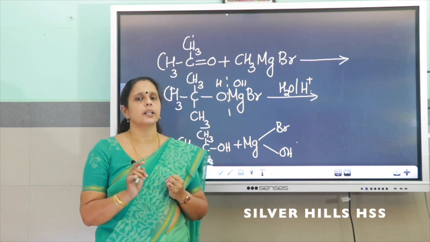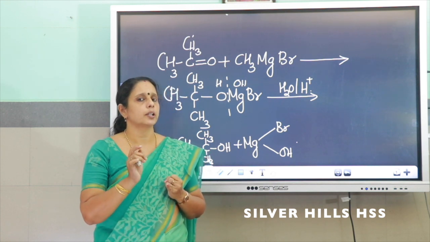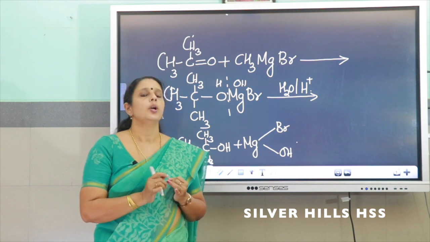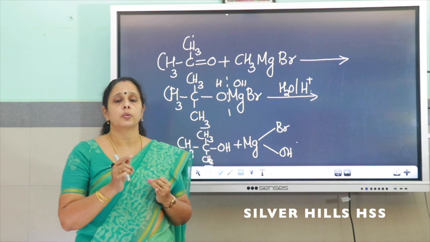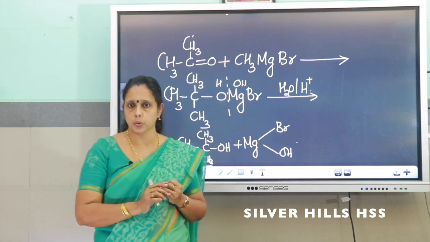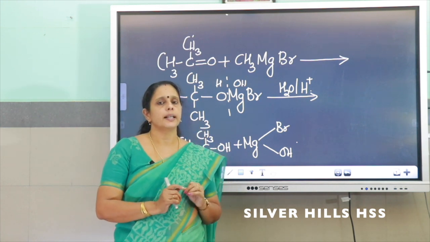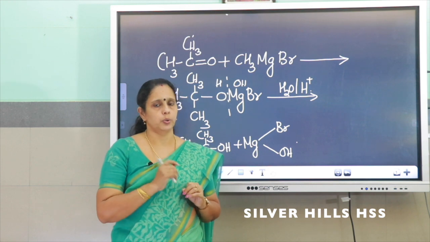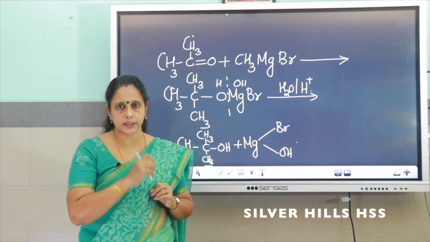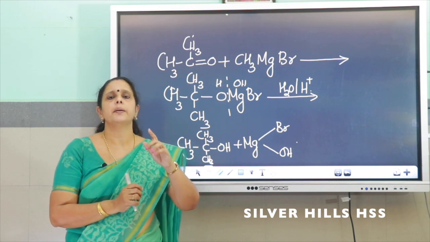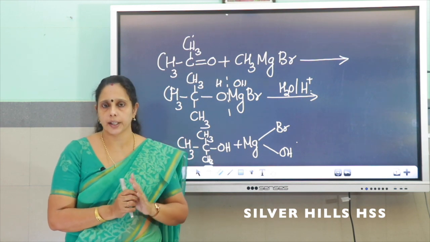In hydration we obtain a product according to Markovnikov's rule, whereas in hydroboration we obtain a product according to anti-Markovnikov's rule. Second method is from carbonyl compound. There are two methods, first one by reduction and second one by using Grignard reagent.